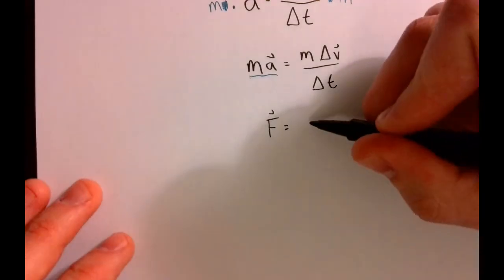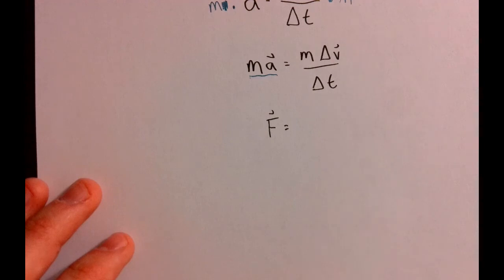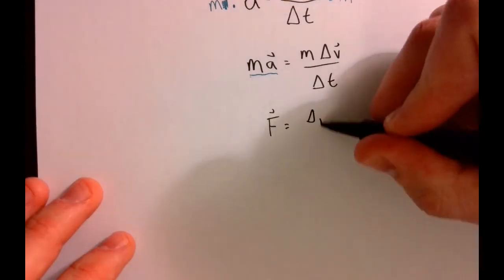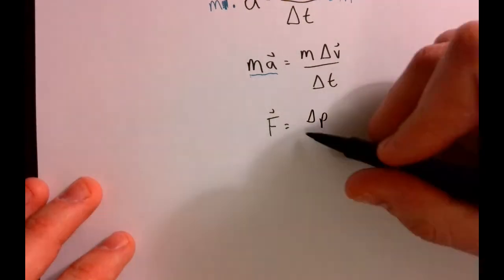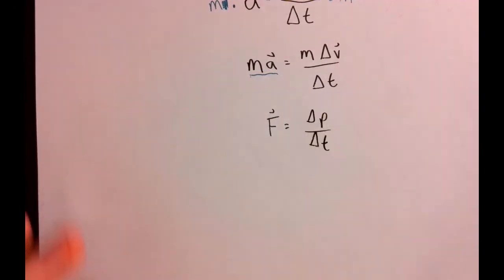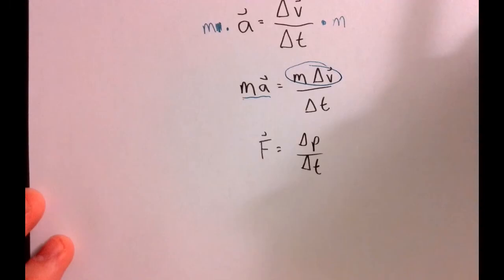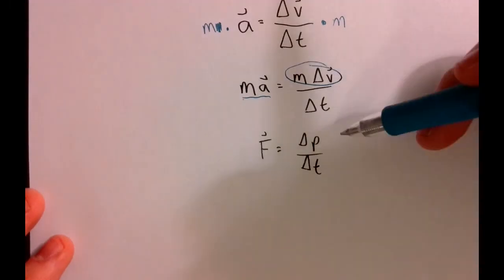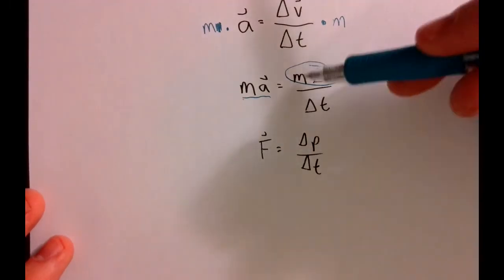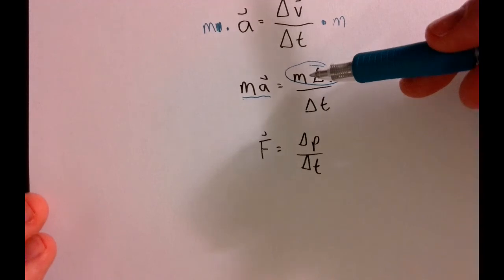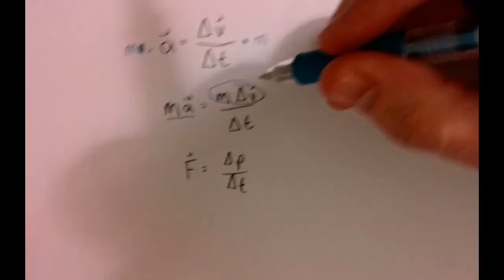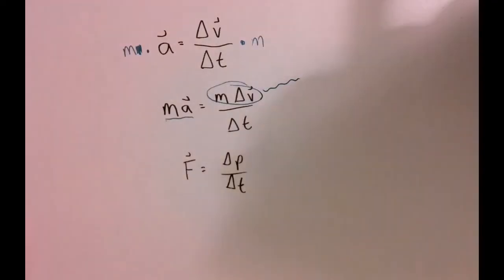So what we have, I'm losing my track here. So we have delta P over delta T. What happened was this is delta P, so I'm just writing it as delta P. This is a change in momentum. I feel like I should show that a little better. I can, yeah.